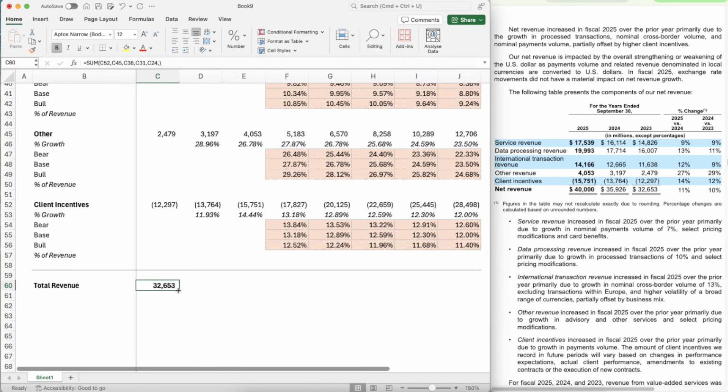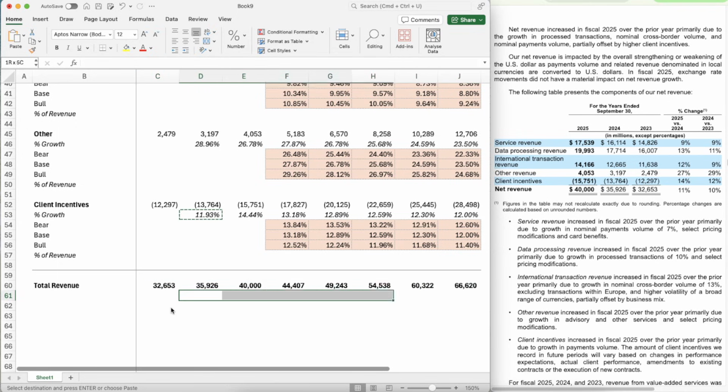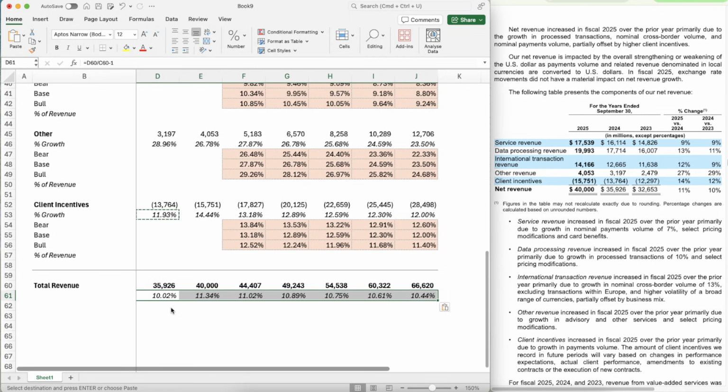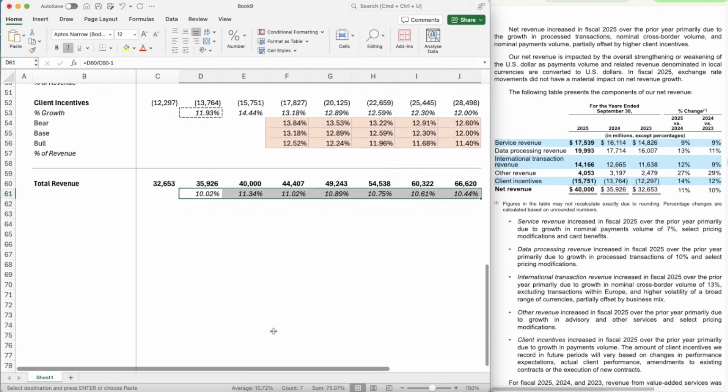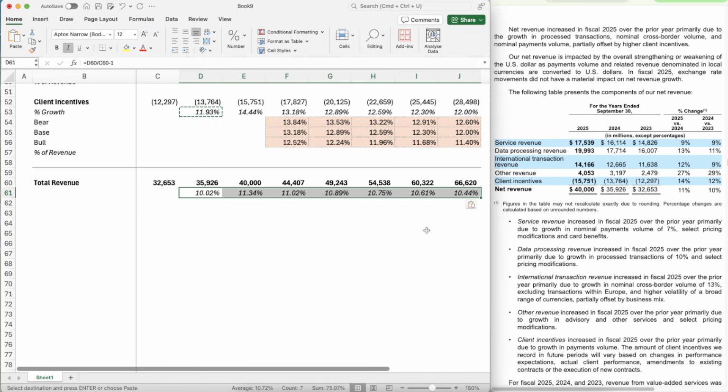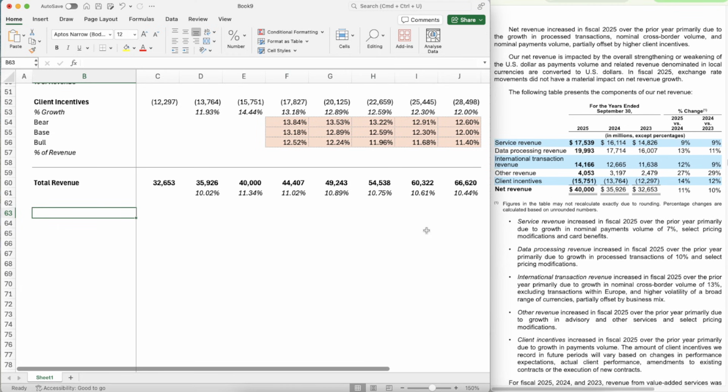Just always make sure that your total revenue is what is on the financial statements. Perfect. Okay, so we're saying, let's say, 10.5% annual growth for revenue.